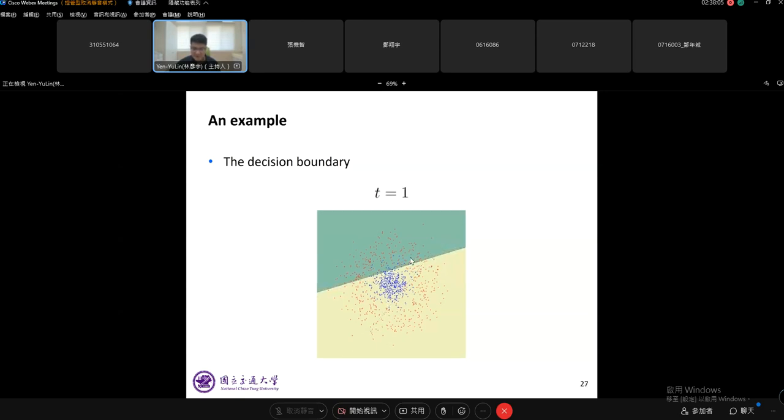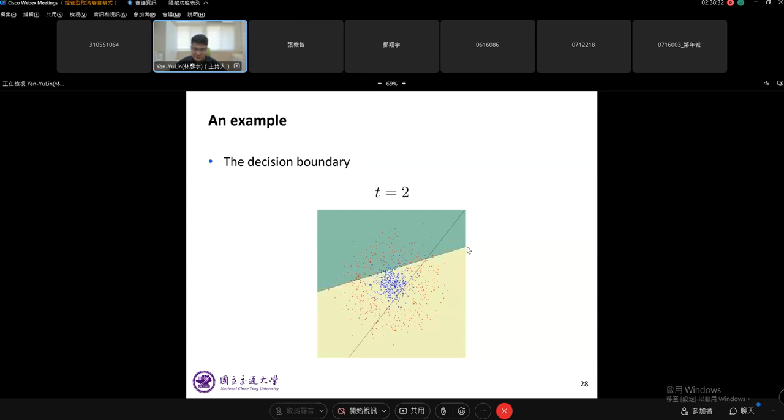Comparing the decision regions at the first iteration and at the second iteration, you might notice that the decision region remained unchanged. Let's look at the reason why.